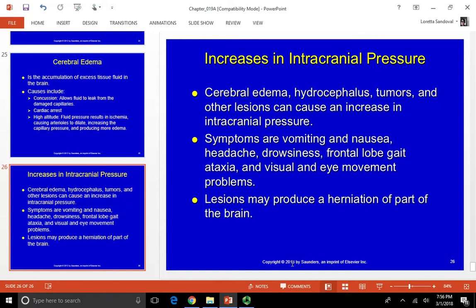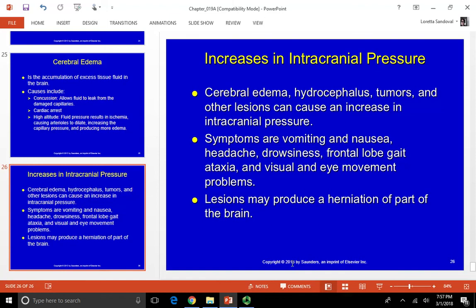Cerebral edema, hydrocephalus, tumors, and other lesions can cause increases in intracranial pressure. Usually symptoms of increased intracranial pressure include vomiting and nausea, headache, drowsiness, frontal lobe gait ataxia, which is another type of gait ataxia, and visual and eye movement problems.